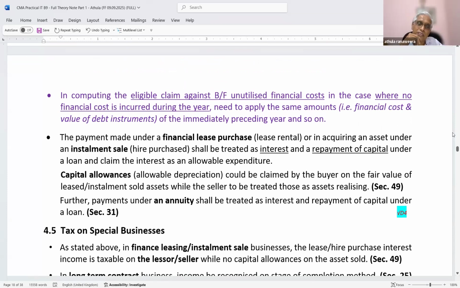Actually, that depends. Now, suppose your company's business is investing in other places. That means your company's business is investment. If your company's business is investment, this is a business transaction.